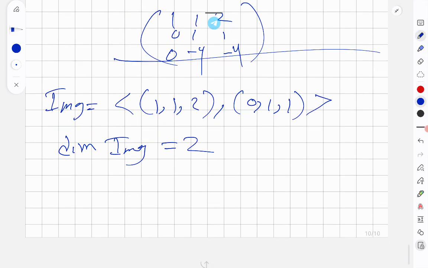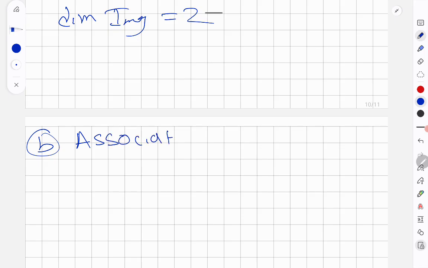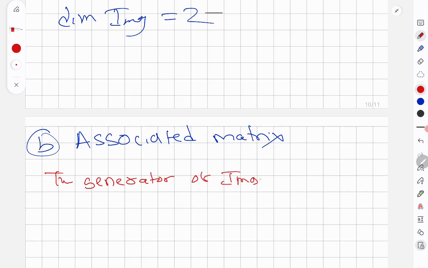One more thing. Second question: associated matrix. The generator of the images, it was with respect to the standard basis, right?